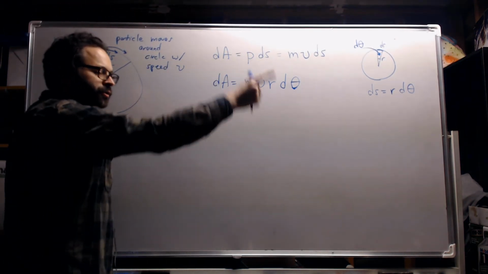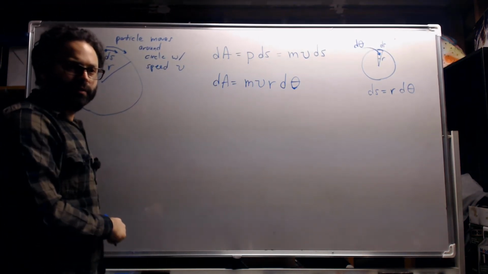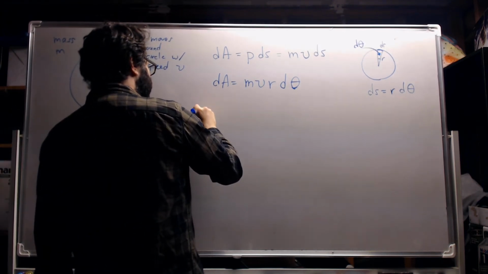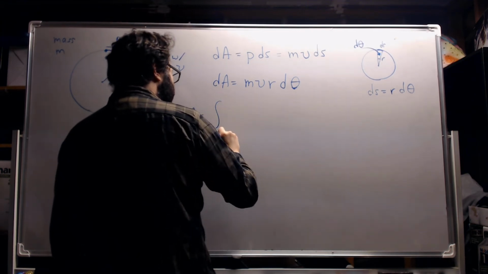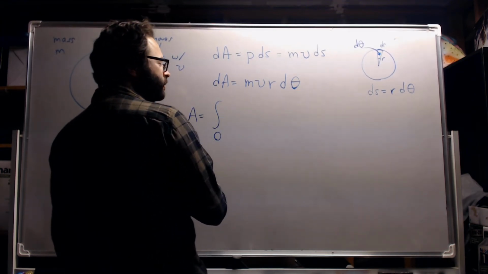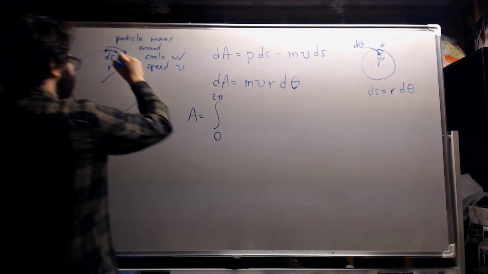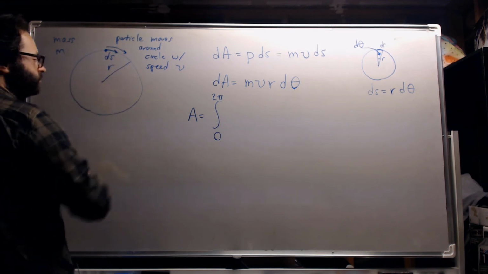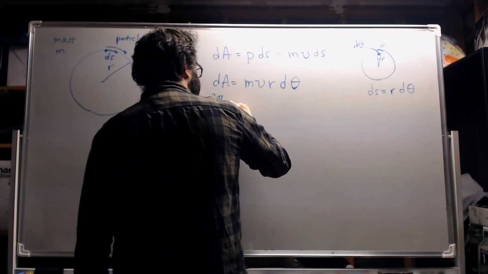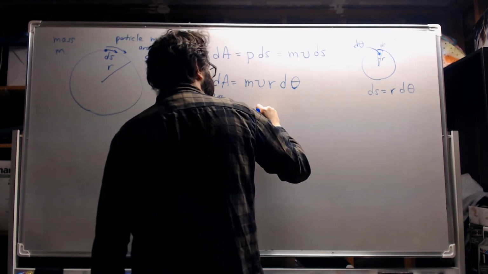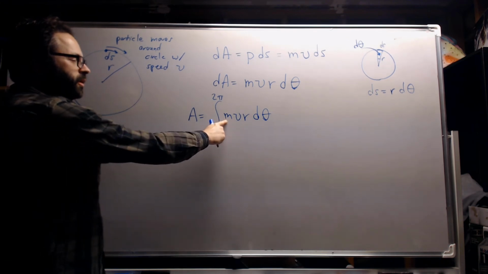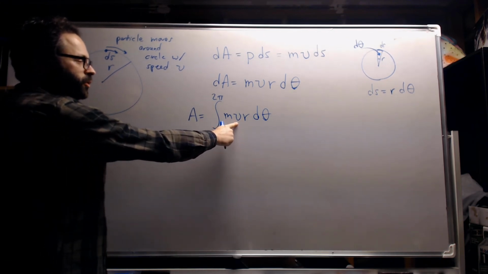As the particle executes one full revolution around the circle, the value of the action is going to be equal to the integral from angle equals 0 to 2 pi of m v r d theta. The mass of the particle is fixed, the speed with which it's moving, as we stipulated, is fixed, as is the radius.